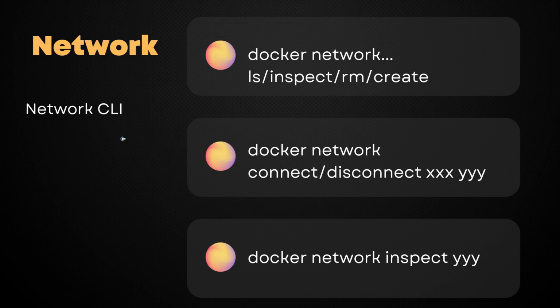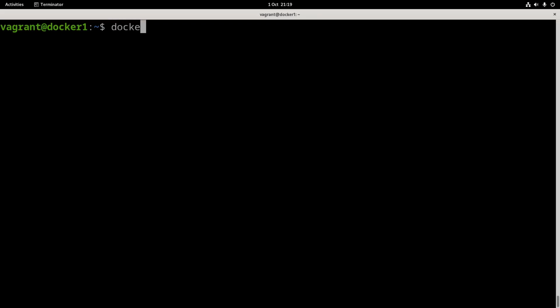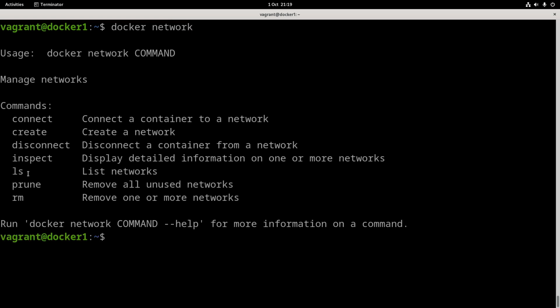And now we have a dedicated Docker CLI for network management, and you can run docker network. If we run it, we can find some commands dedicated to Docker network.